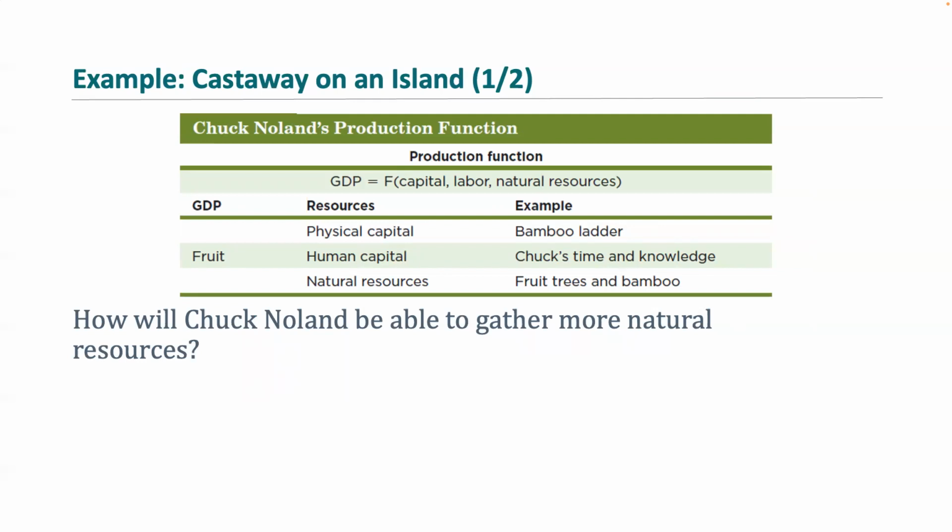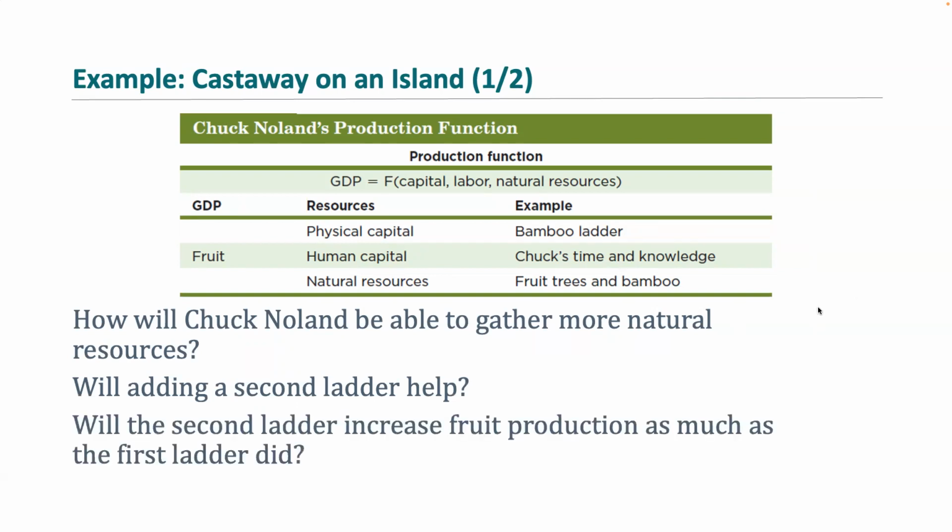The question they ask here is, how could Chuck gather more natural resources, or will adding a second ladder help? And would adding another ladder increase our production as much as the first ladder did? We already talked about the outcome of this in the previous slide, but let's go ahead and answer those again.